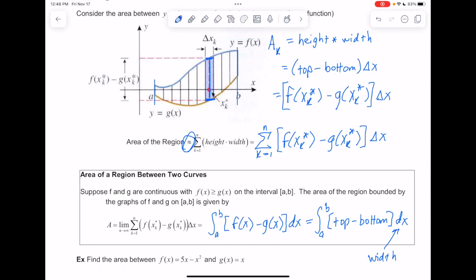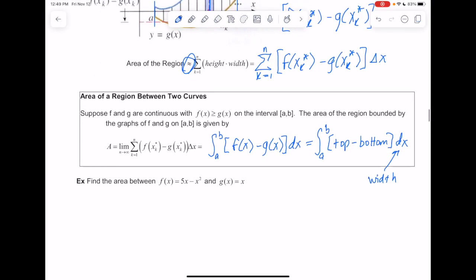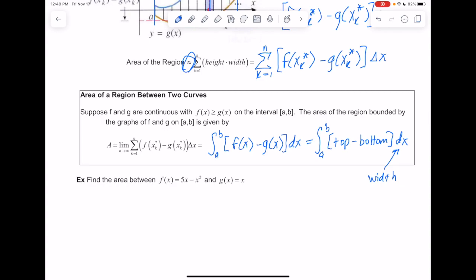So I find it useful to remember these formulas in terms of their words, and then we can work out the rest. So it's the integral from a to b of height times width, or top minus bottom times dx. Don't get hung up on it's always f of x minus g. They may switch the names of the functions around, but it's always the top function minus the bottom to make sure when you subtract that you get a positive value for the height.